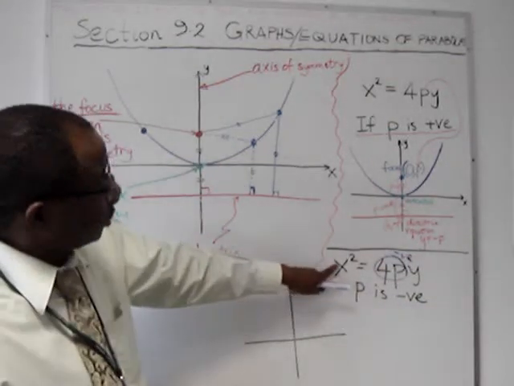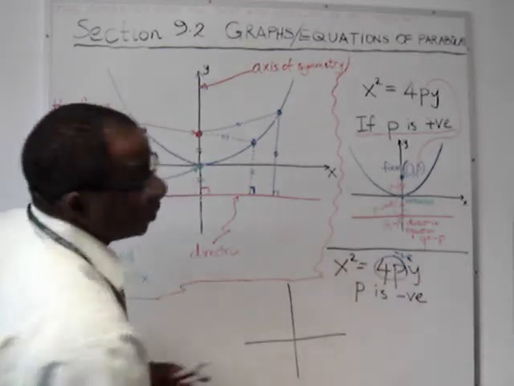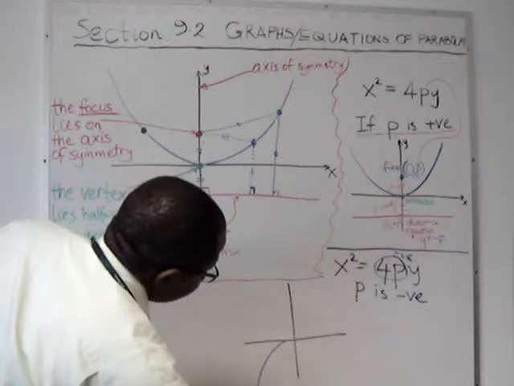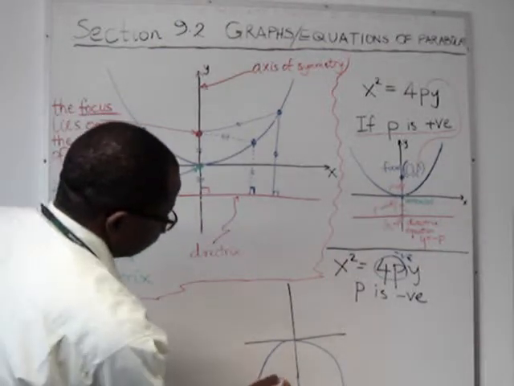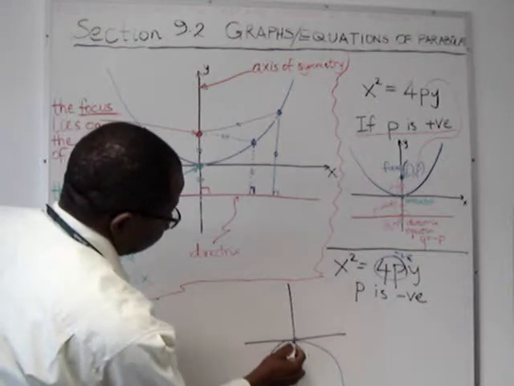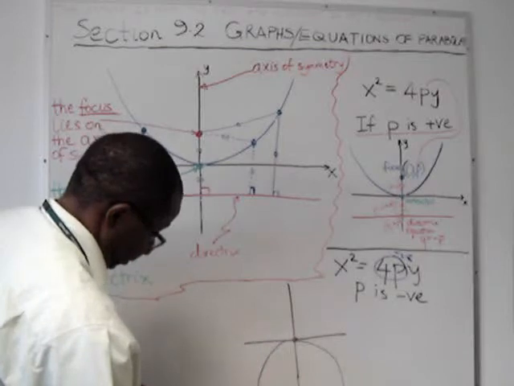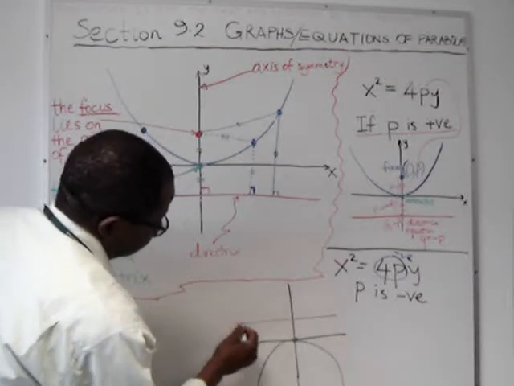So whatever x is doing, x negative, x positive, y will always be negative. So you know that the parabola is looking down. That's the vertex, and the directrix will be right here.